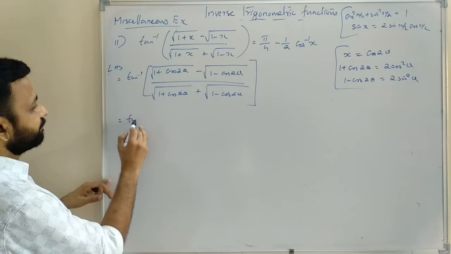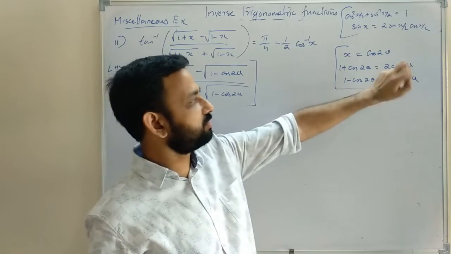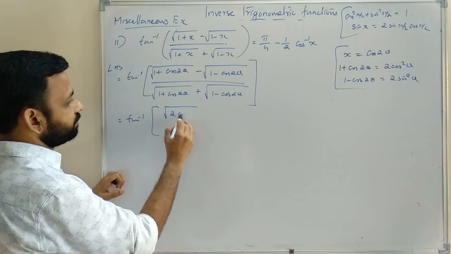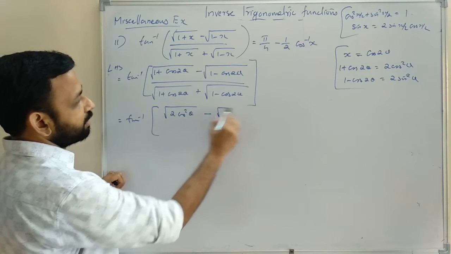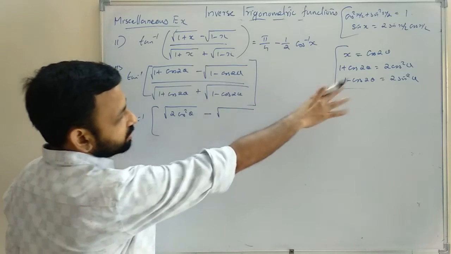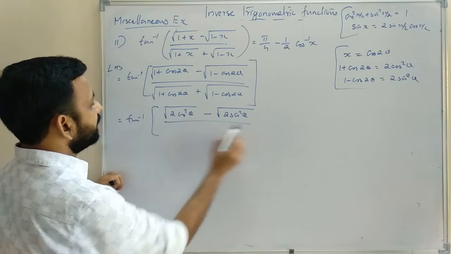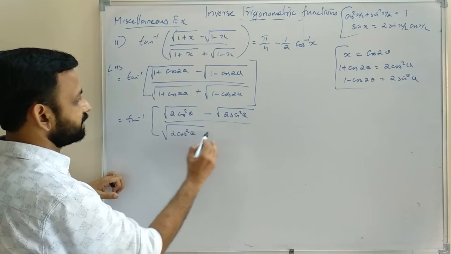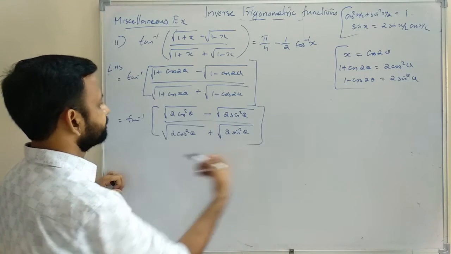That is equal to tan inverse, 1 plus cos 2 theta, that is 2 cos square theta. So the square root is there, 2 cos square theta, minus under root 1 minus cos 2 theta, that is 2 sin square theta, divided by under root 1 plus cos 2 theta, 2 cos square theta, plus 2 sin square theta.